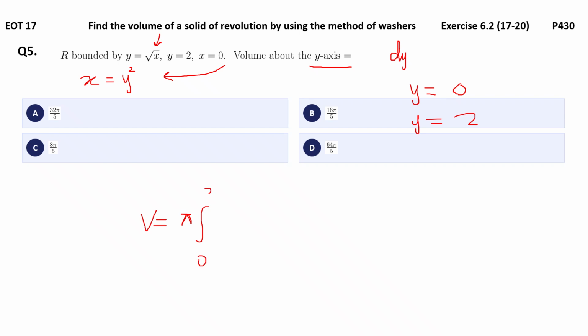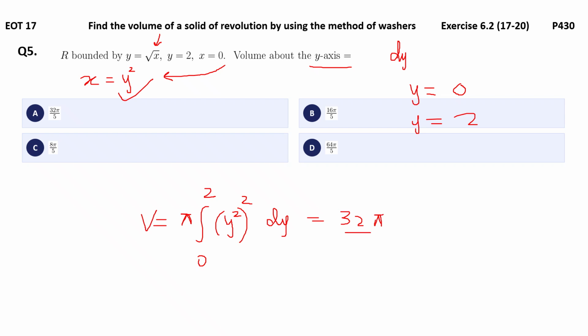The expression is given as y squared, and it is radius squared, so one more square: y squared the whole square dy. And when you enter it in the calculator, you get 32 pi over 5, which is option A.